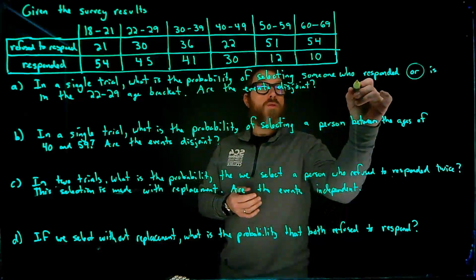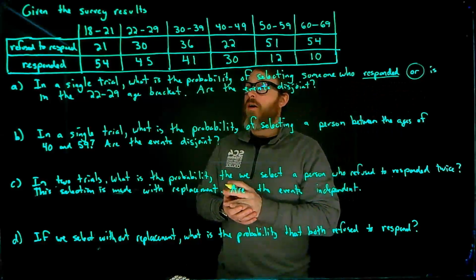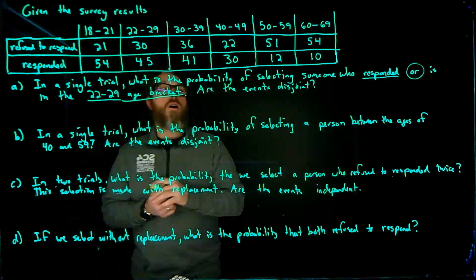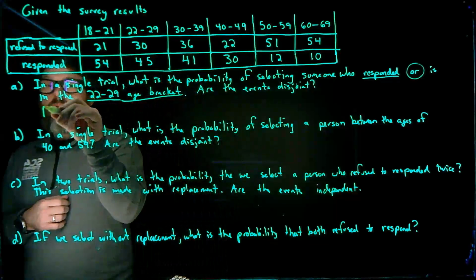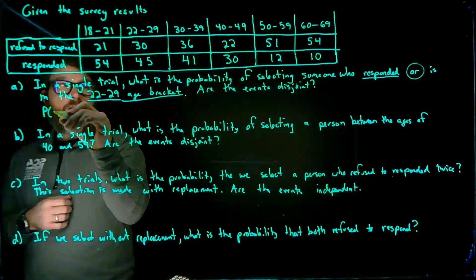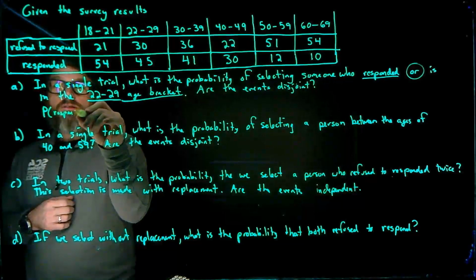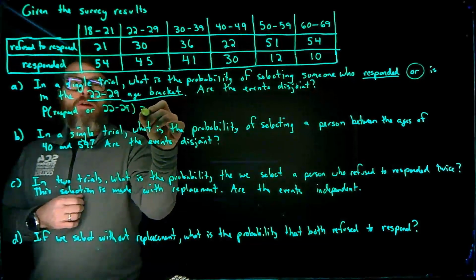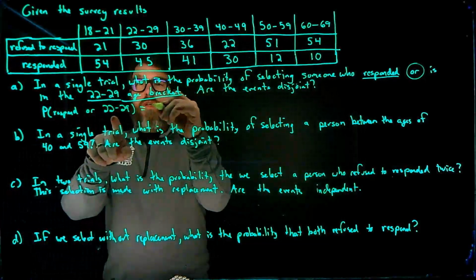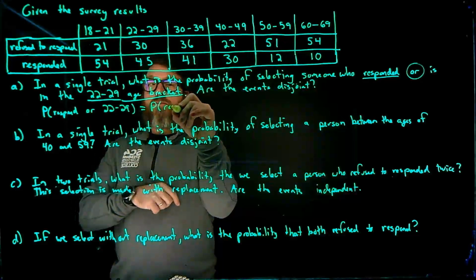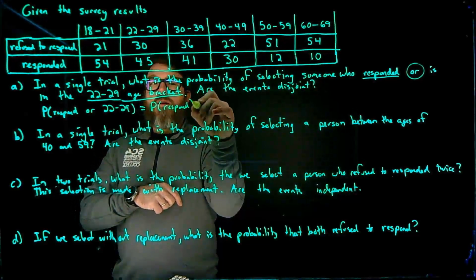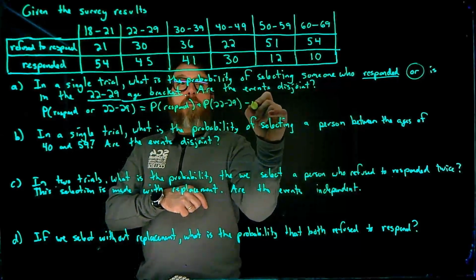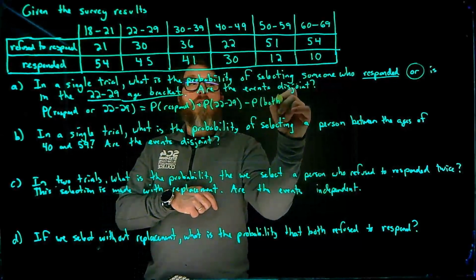So let's see, the responded is going to be our event A, and then the 22 to 29 age bracket is going to be our event B. So when we have the probability of responding or being 22 through 29, it's going to be the probability of the first plus the probability of the second, 22 to 29, minus the probability of both, assuming there is a both.